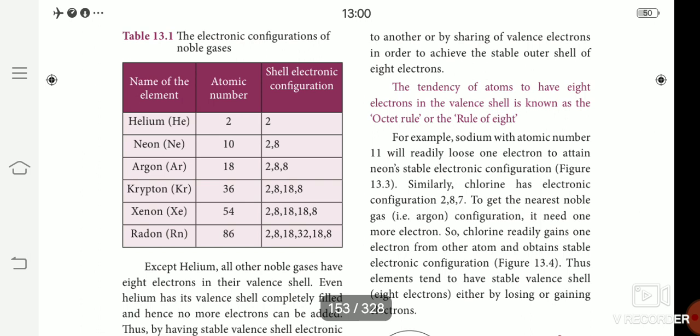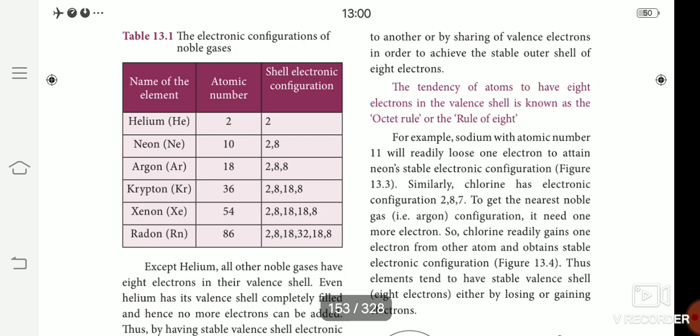In the Kossel-Lewis approach, it depends on the electronic configuration. Except helium, which has only 2 electrons, not 8 electrons.